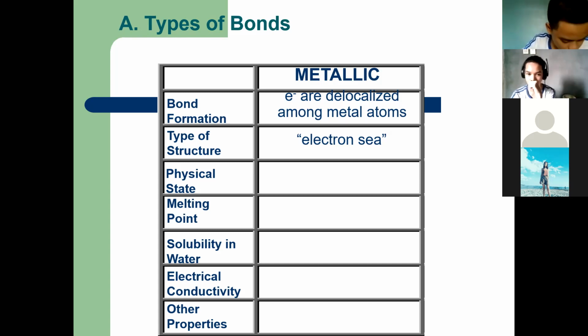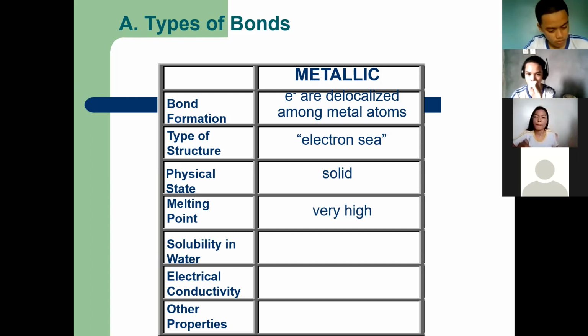The presence of metal gives the state of a metallic bond as solid, and the melting point is very high. You cannot melt a metal at 100 degrees Celsius, but at a higher level. Solubility in water is impossible. You cannot dissolve a spoon in water.